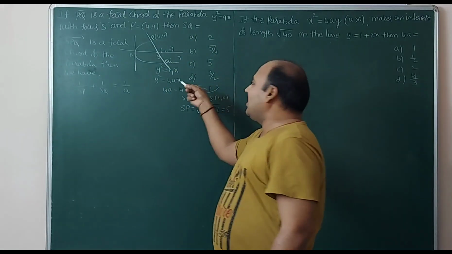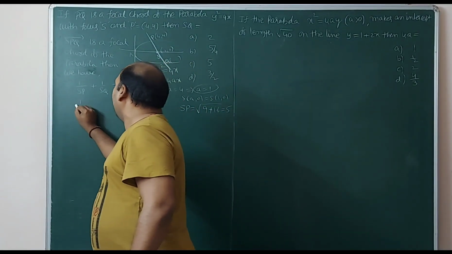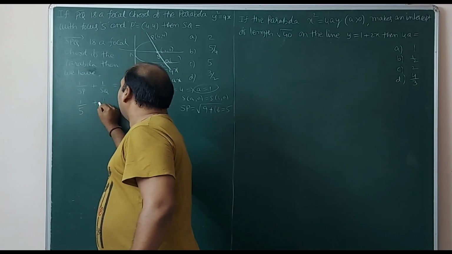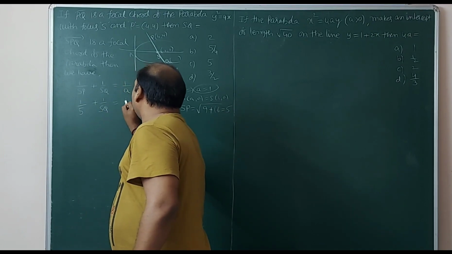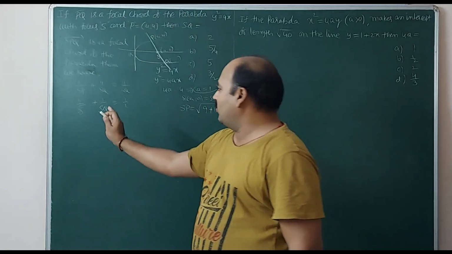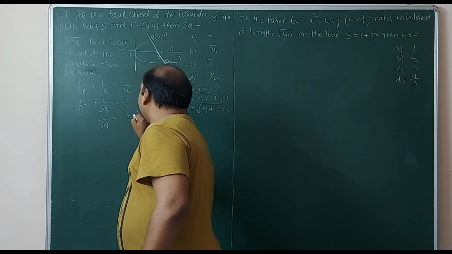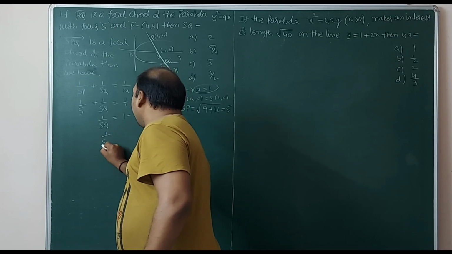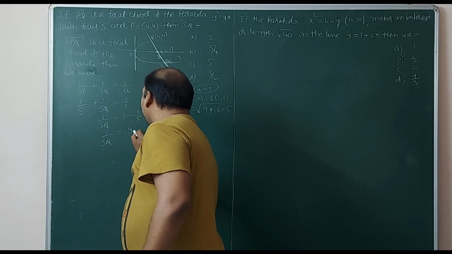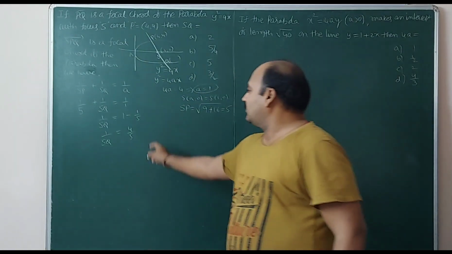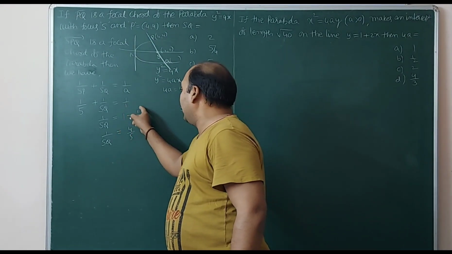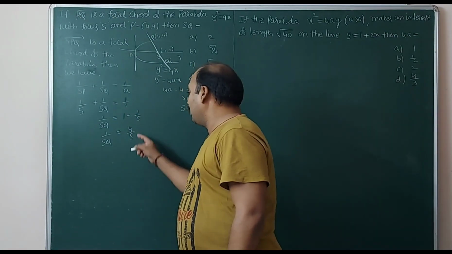A value we got here, a value 1, substitute in this. 1 by 5 plus 1 by SQ is equal to 1 by 1. So 1 by 5 I am taking here. 1 by SQ is equal to 1 minus 1 by 5, which is 4 by 5.